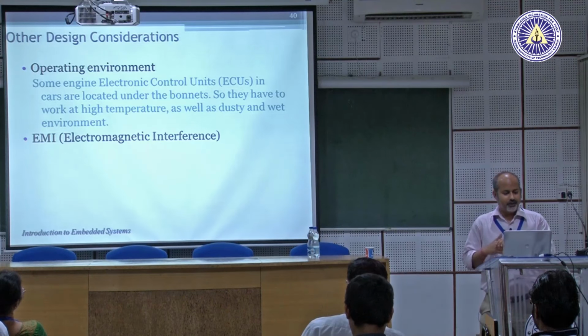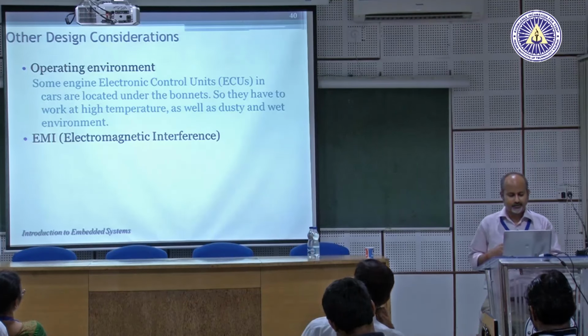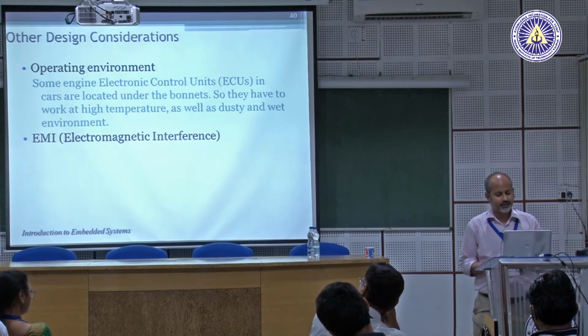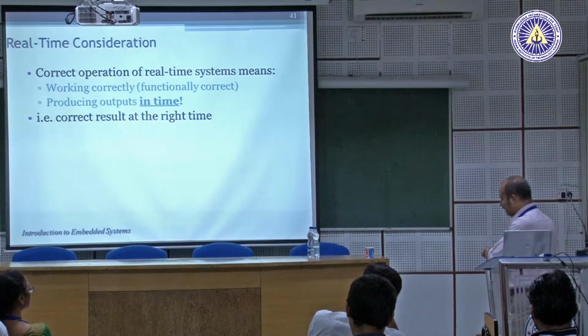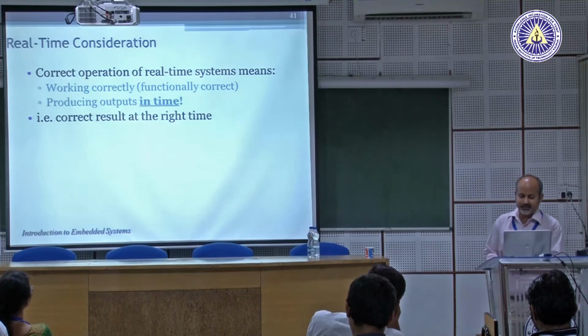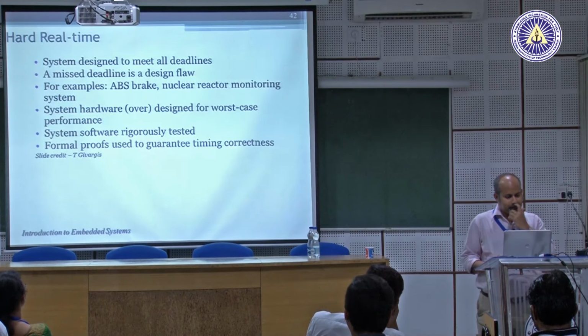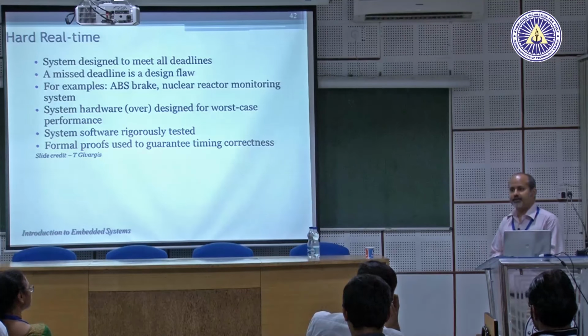On the operating environment, we already talked about how you have to be rugged to various kinds of operating extremes, especially electromagnetic interference. Now, real time is a big issue for most safety critical systems, so let's look at this more closely. There are three kinds of real time requirements. One is called hard real time.